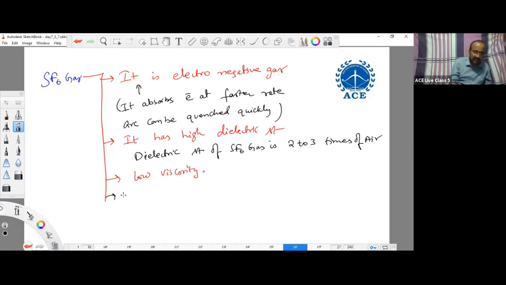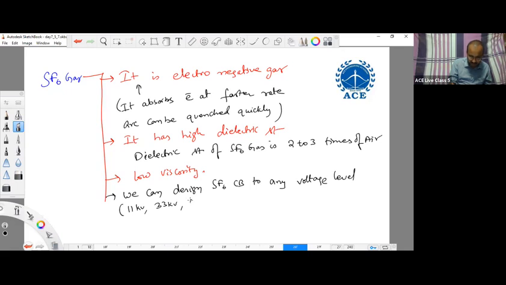For example, 11 kV, 33 kV, 66 kV, 132 kV, 220 kV, 400 kV, 765 kV. Above that also, we can design this SF6 circuit breaker.